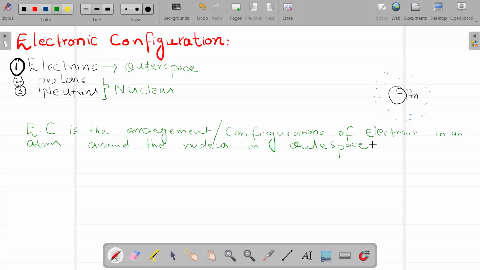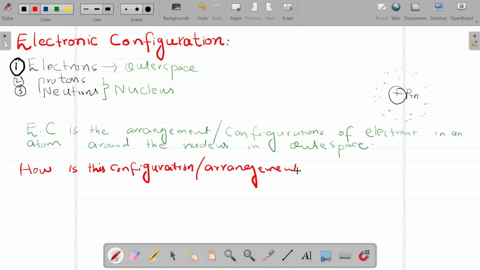Now we will discuss how this configuration or arrangement actually looks.